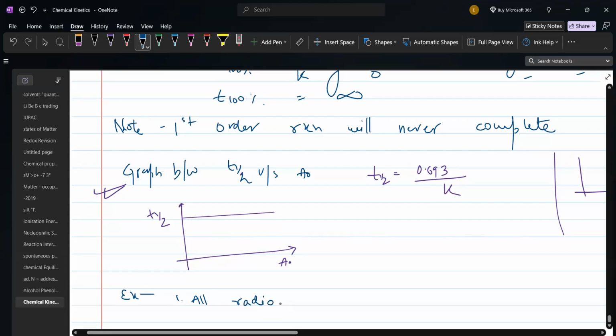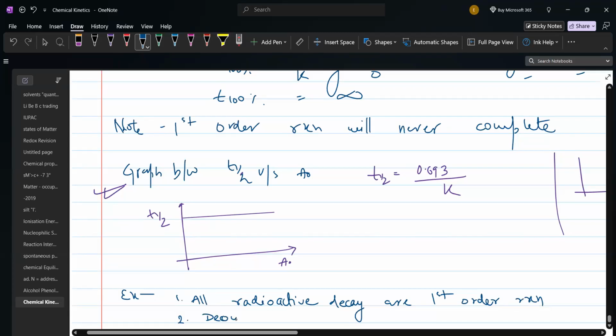All radioactive decay is first order reaction. Then we have decomposition.